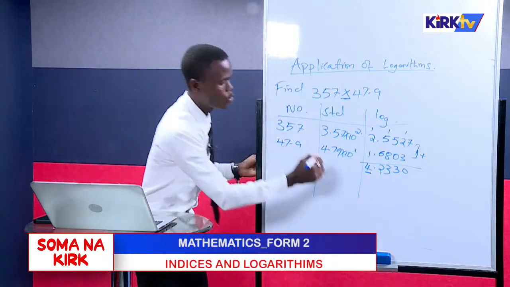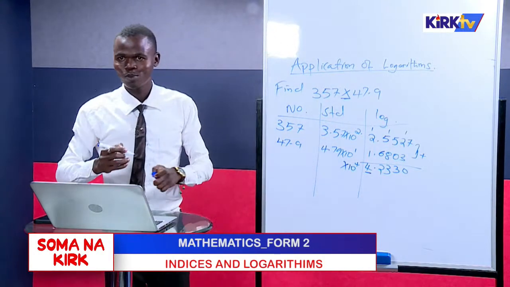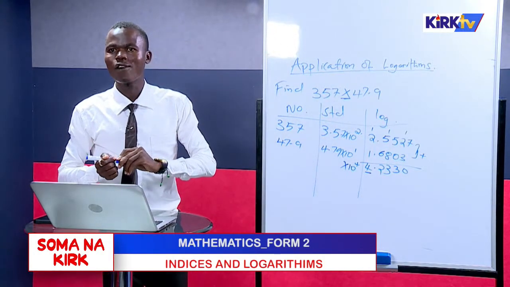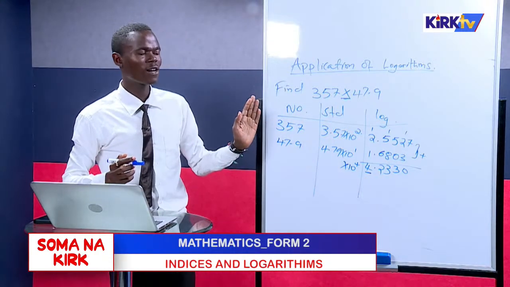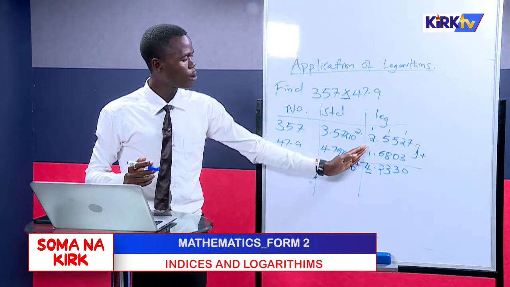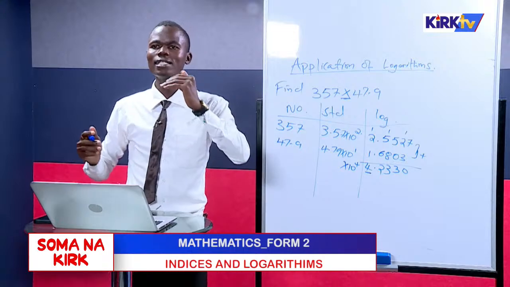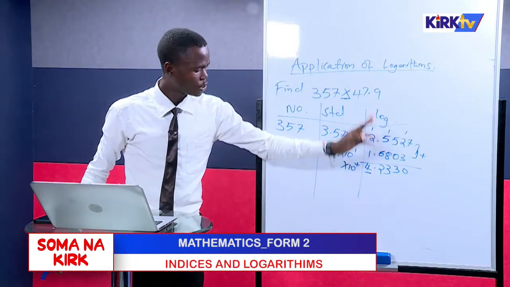So it will be times 10 raised to power 4. After writing 10 raised to power 4, we now find the anti-logarithm of 0 point.